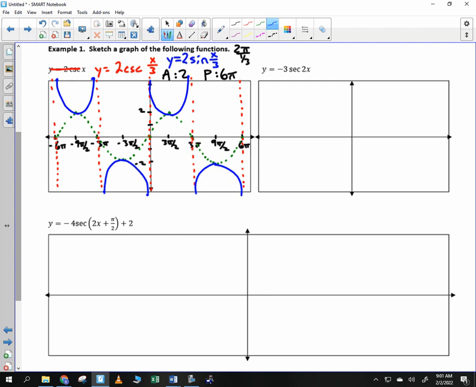Instead of graphing secant, what do I graph? Cosine. Y equals -3 cosine of 2x. What's the amplitude? What's the period? 2 pi divided by 2 is pi. One, two, three.